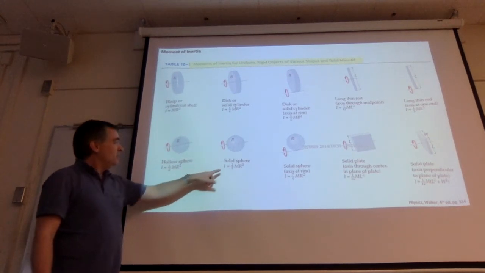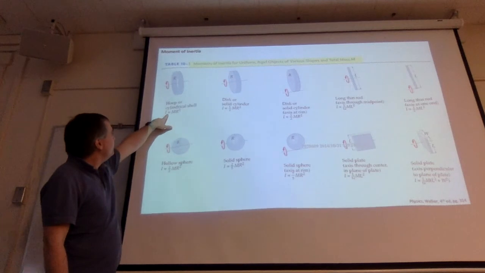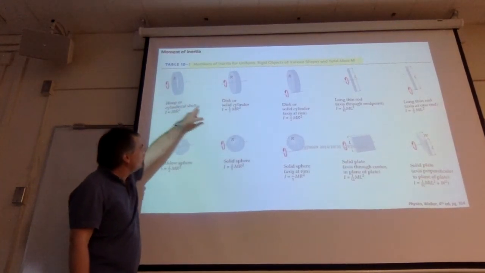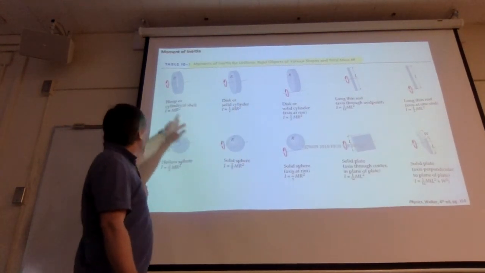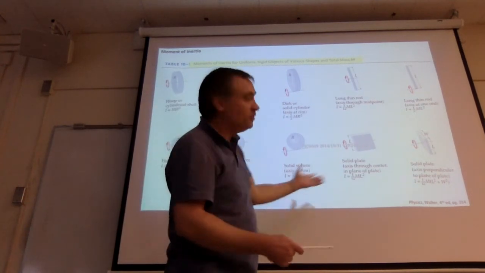So here we've got a sphere that's solid. It's got mass all the way through. Here it's empty in the middle. Here we've got essentially what we just did, right? The hoop, or the ring, versus a solid disk. You can say this one's MR squared, that one's 1/2 MR squared, and a bunch of other shapes rotating around different axes, okay?